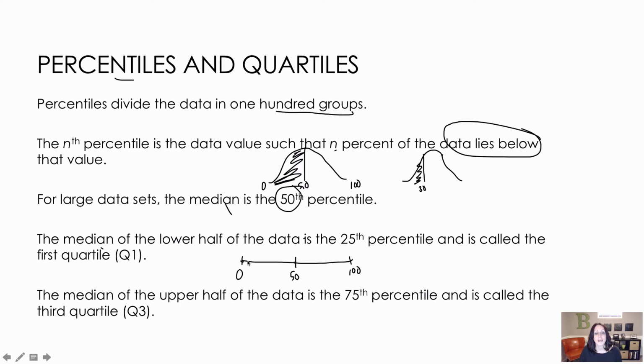If I take the middle of the first half, that's the 25th percentile, and it's called the first quartile. The middle of the top half, the second half of data, is halfway between the 50th and 100th percentile, and that's the 75th percentile, which is Q3. So these are quartiles, like quarters, which means we're broken into 4. The median is like our second quartile, but we call it the median instead.